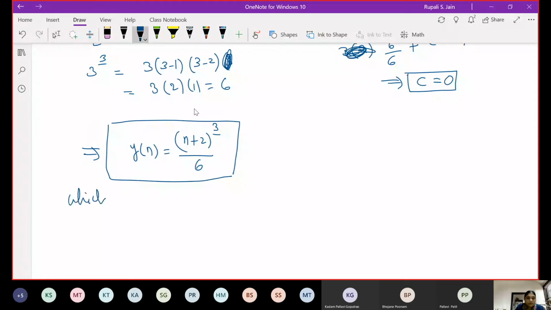Required unique solution. So it is our required solution. Is that okay? Everybody understood? Yes, ma'am. n plus 2 to the 3 falling divided by 6.